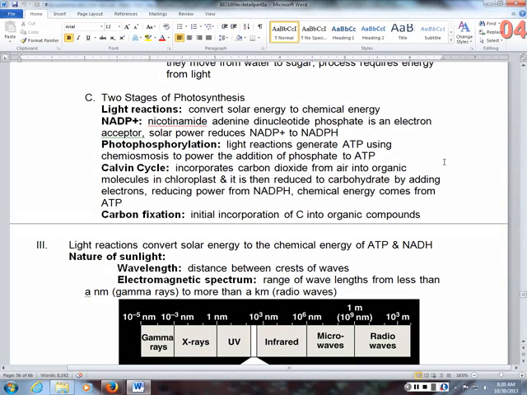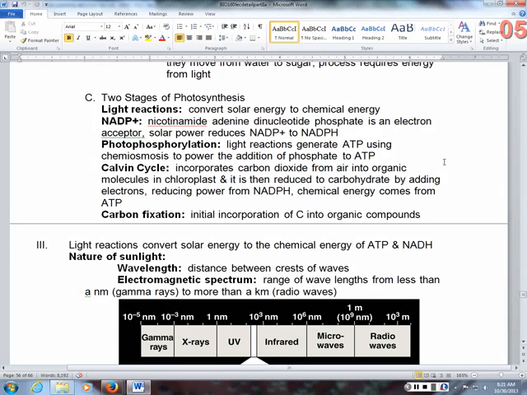So that's what goes back and forth. You'll have photophosphorylation, where you generate ATP. You use chemiosmosis to power the addition of the phosphate onto ADP to make ATP.